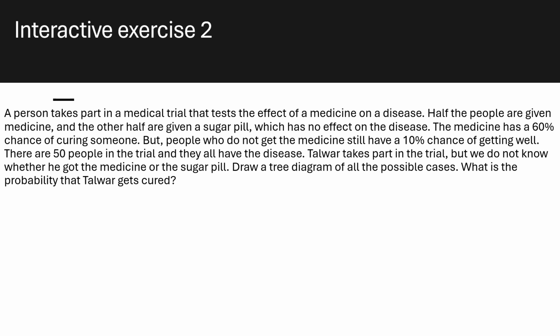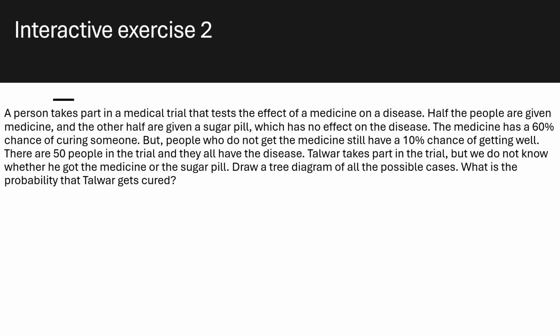Half of the people are given medicine and the other half are given a sugar pill, which has no effect on the disease. So you have 1/2 given medicine, and 1/2 given a sugar pill, which obviously has no effect on the disease.